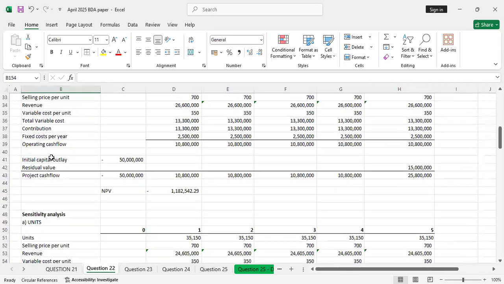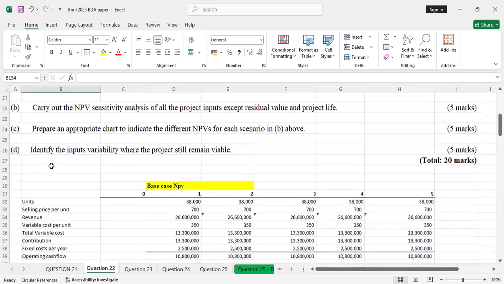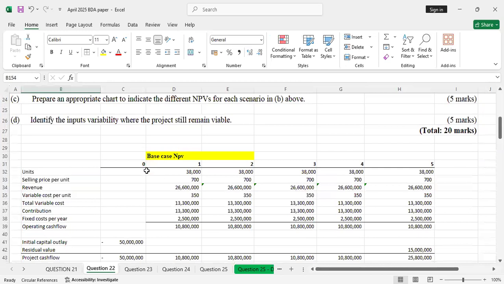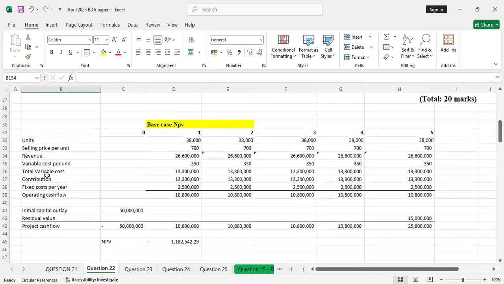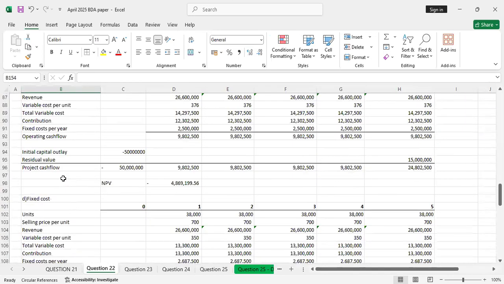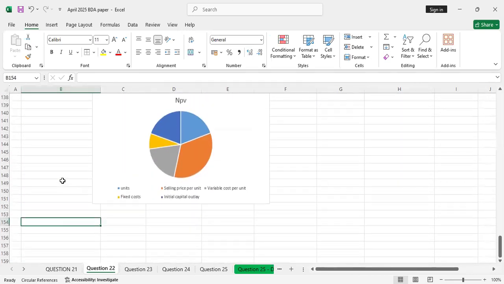But when you identify the inputs variability where the project still remains viable, does it mean is there anything that you can change? Because we have changed everything, but the project is not viable. There's nowhere where we had a positive NPV.